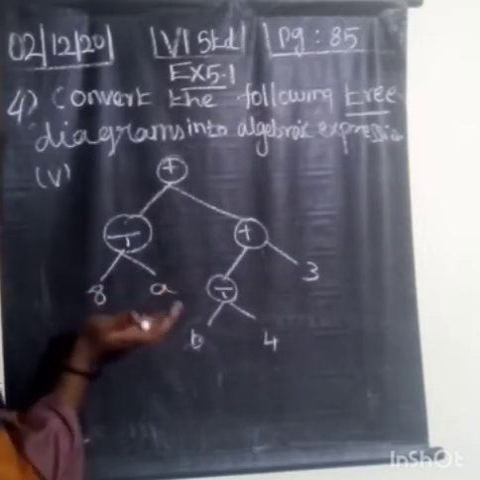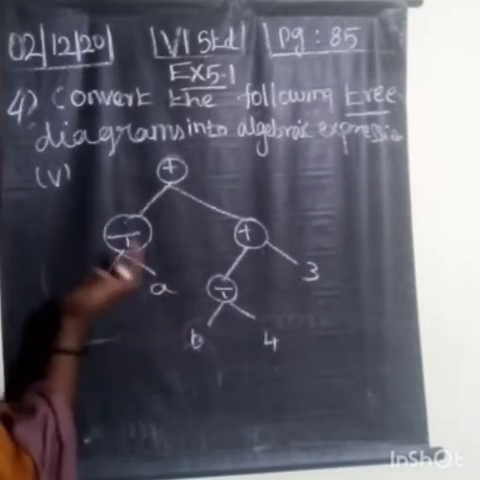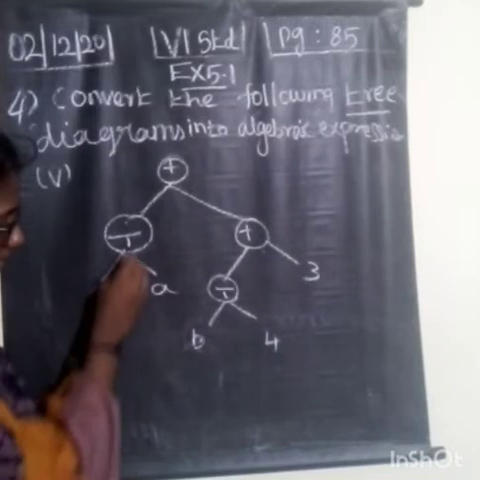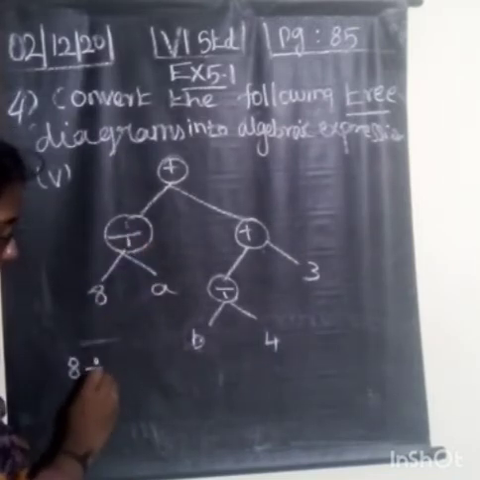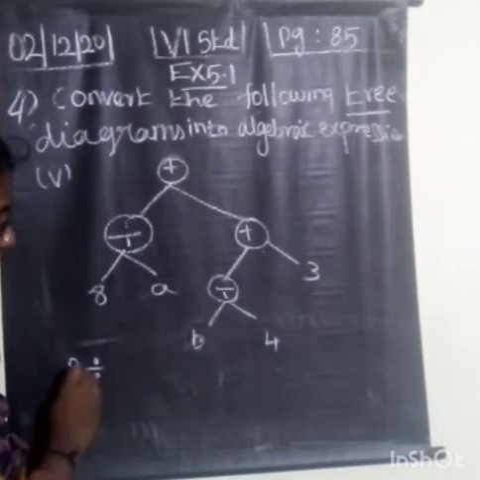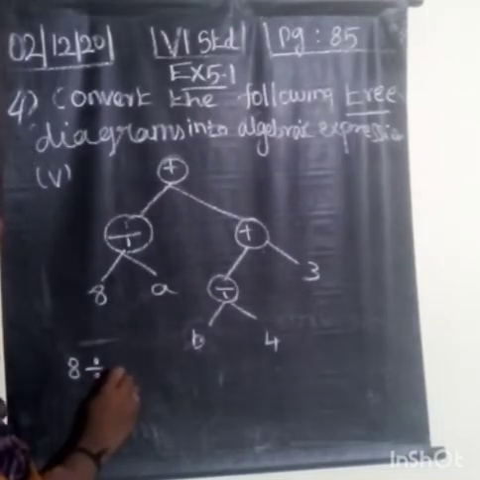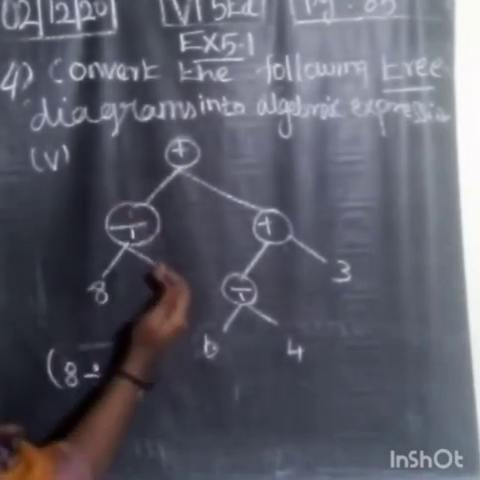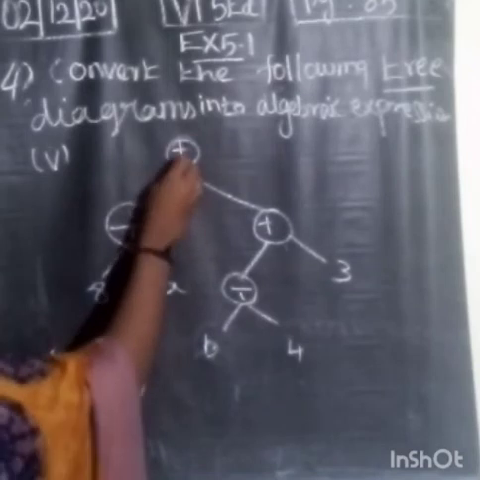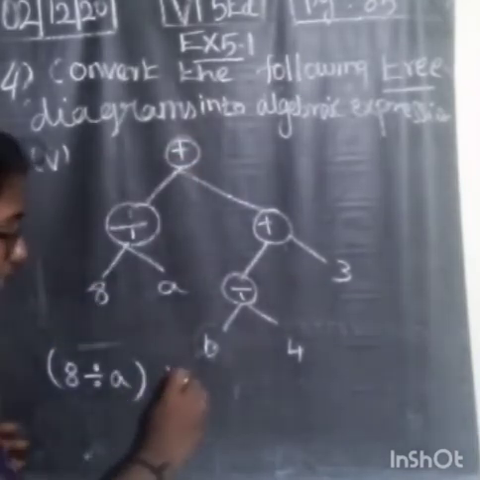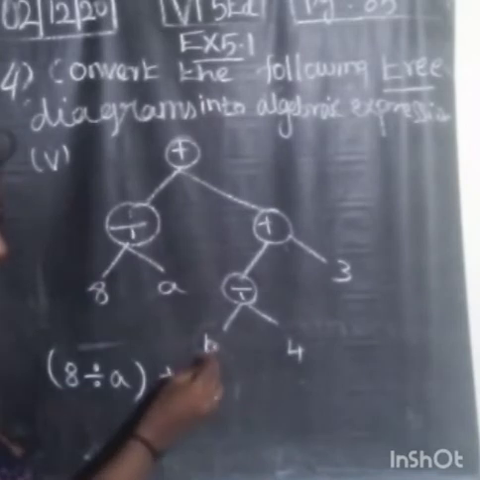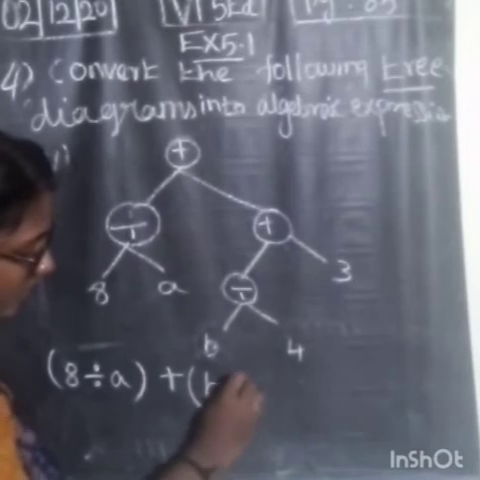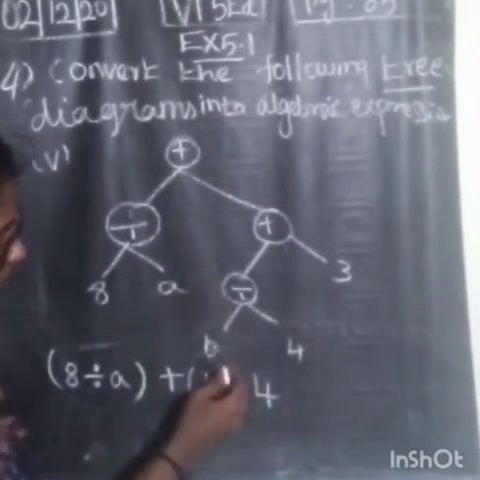First consider this part: the operation is division, 8 divided by a. The root of the tree is addition. And then consider this part: b divided by 4.